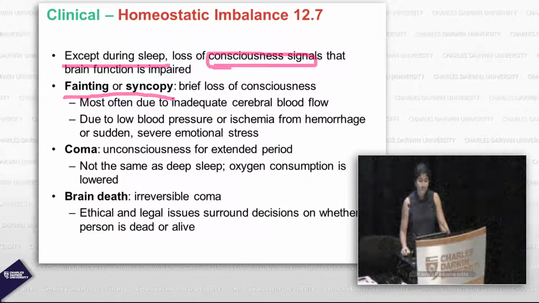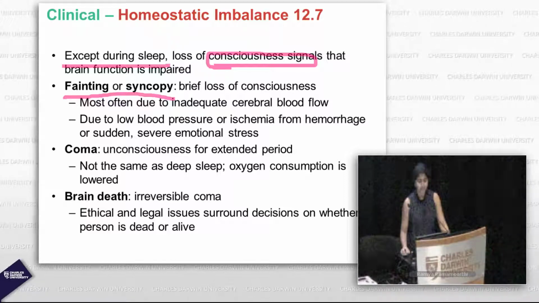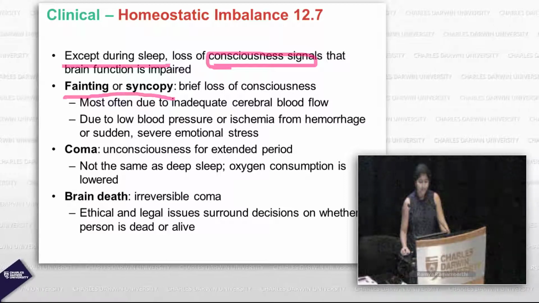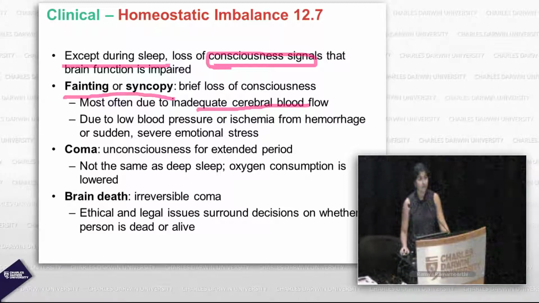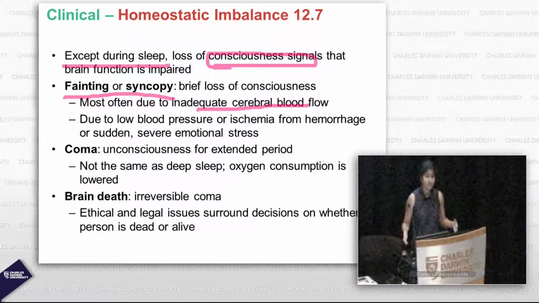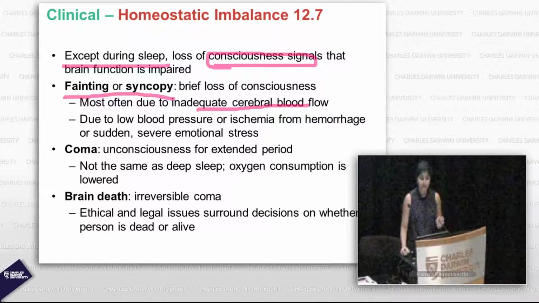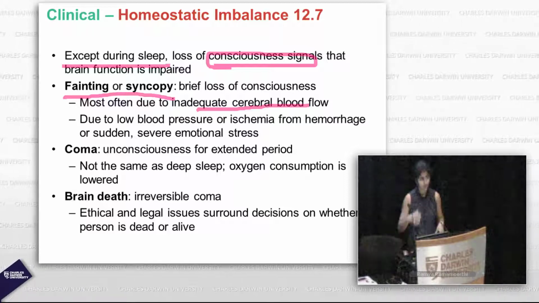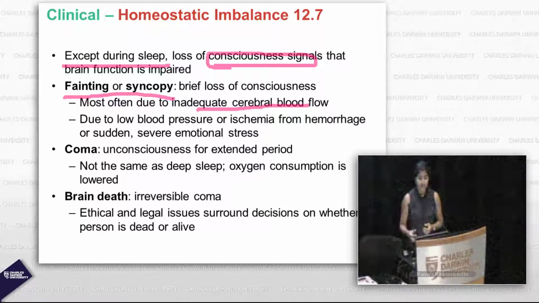Fainting is loss of consciousness, but for a brief period only. This is mainly due to inadequate cerebral blood flow. People with low blood pressure who stand for a long time may have this imbalance. They might faint very often because they don't have adequate blood supply to their cerebral areas.